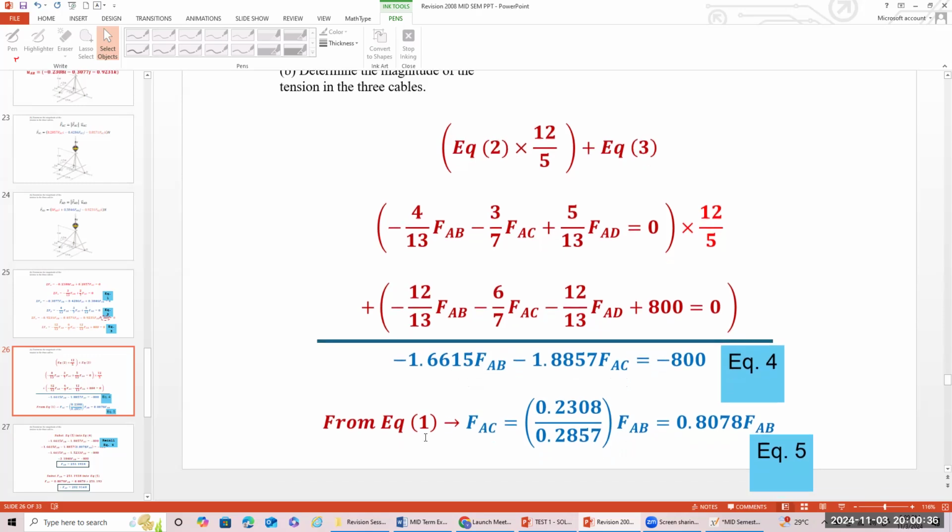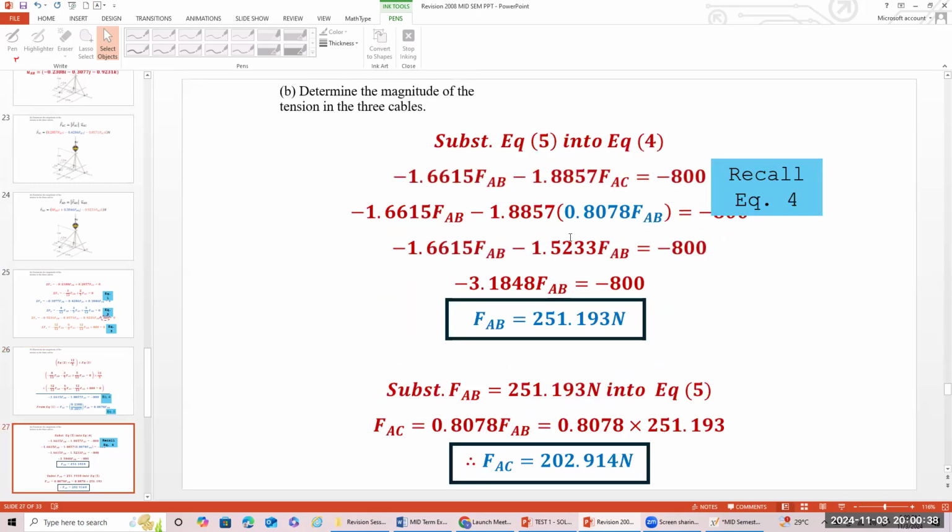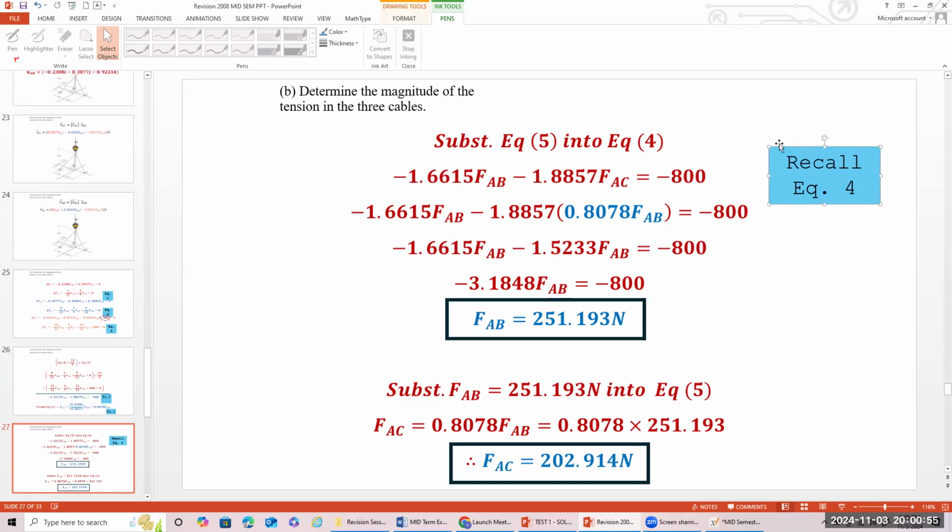So let's look at the process here. You substitute it into equation 4. That was this equation, you drop this value here, you get everything in AB equals what? 800, right?